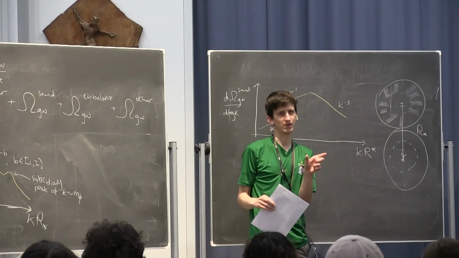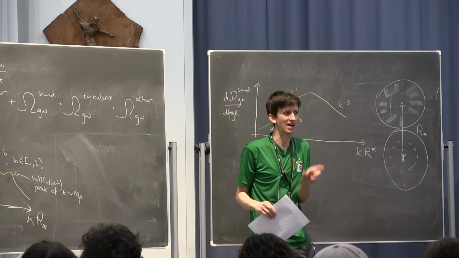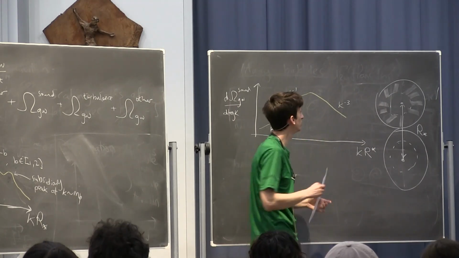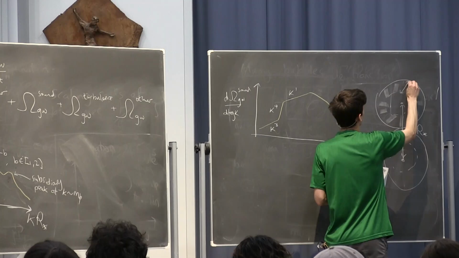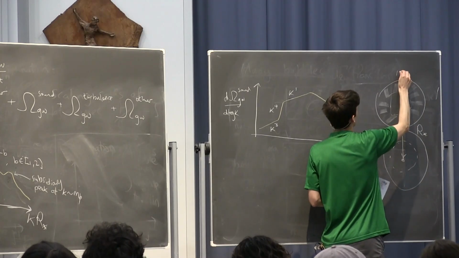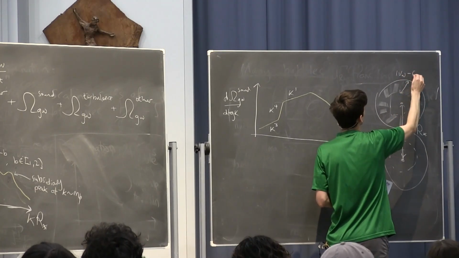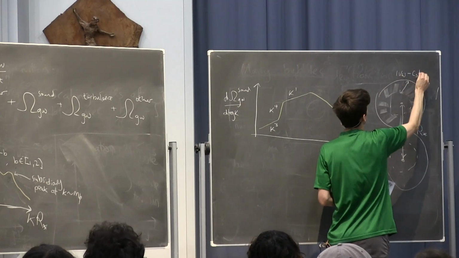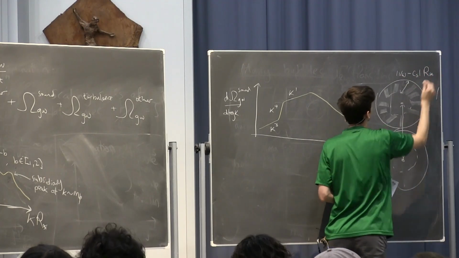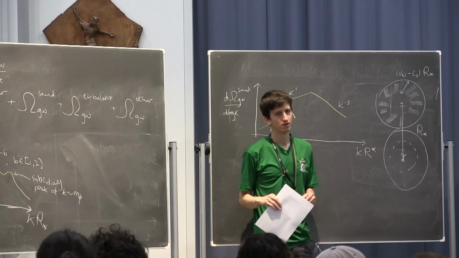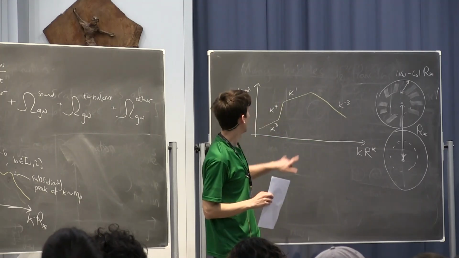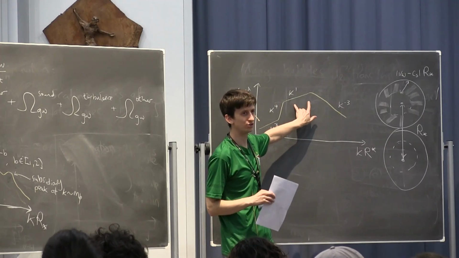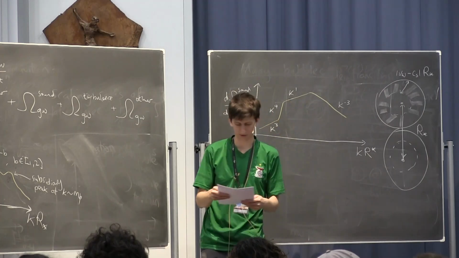So in the deflagration case, or in both cases, I had a kind of region where the fluid was moving, and this is basically v_w minus c_s times R star. And that gives the locations of these 2 breaks in the power laws.